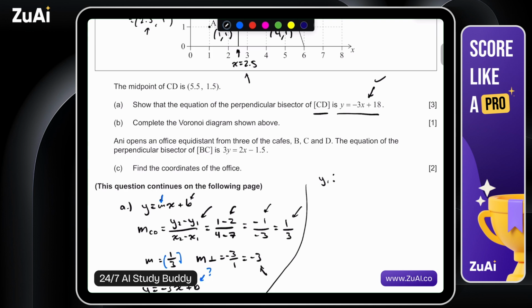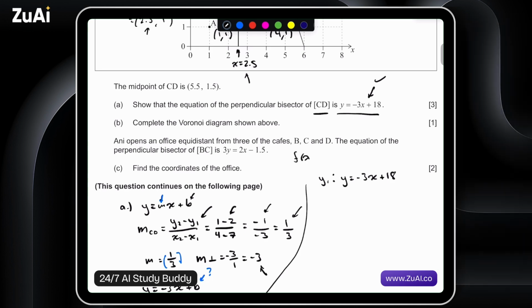So we have y1, and that's equal to y equals negative 3x plus 18. And then we have this other equation, and we could have called it f of x and g of x if we wanted to. But we can also call it y1 and y2 to simplify things. But remember, these things actually are equivalent.